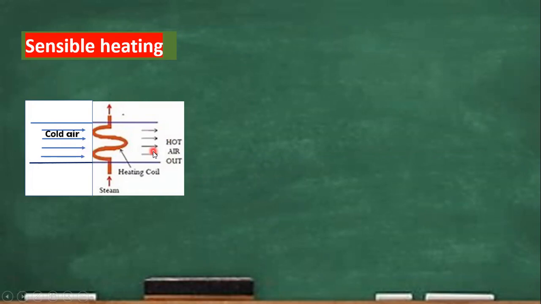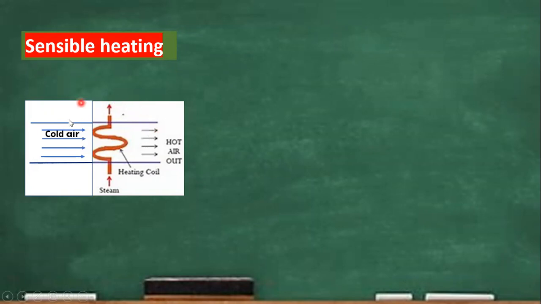One thing you need to understand carefully is that during the heating process, we are only increasing the temperature of the air, but there is no change in the moisture content of the air. Moisture content is nothing but water content. There is no change in the water content between the cold air and the hot air. So the omega value, that is the moisture content, remains the same.